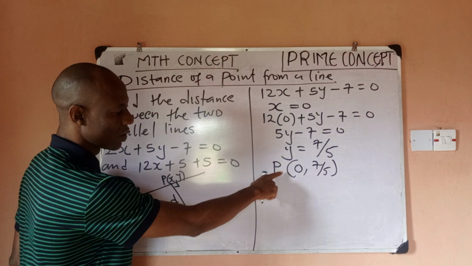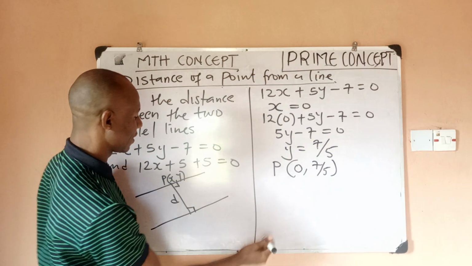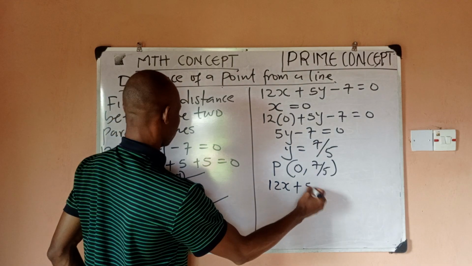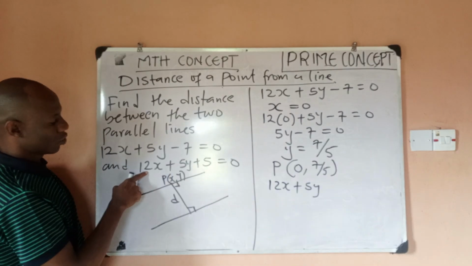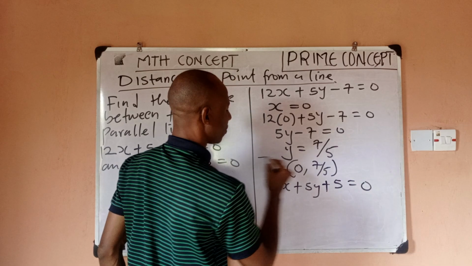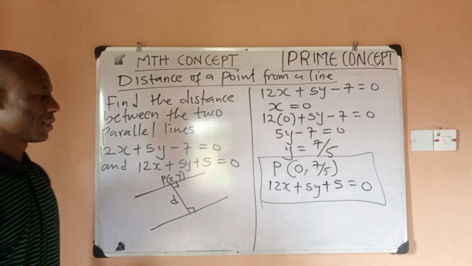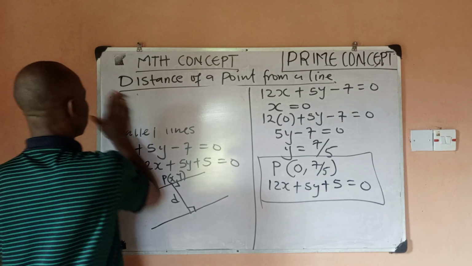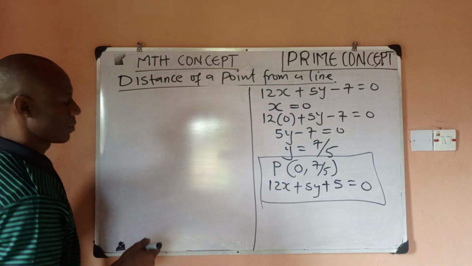So I'll be using this point, which was gotten from this line, and combining it with the second line, which is 12x plus 5y, sorry, I forgot to write the y, 12x plus 5y plus 5 equals 0. I'll be combining these two to find the distance between this point and this line, solving with the formula we already know.